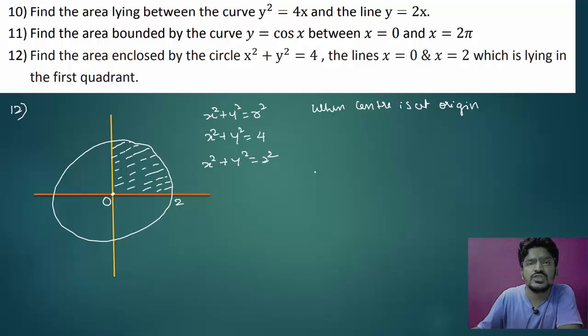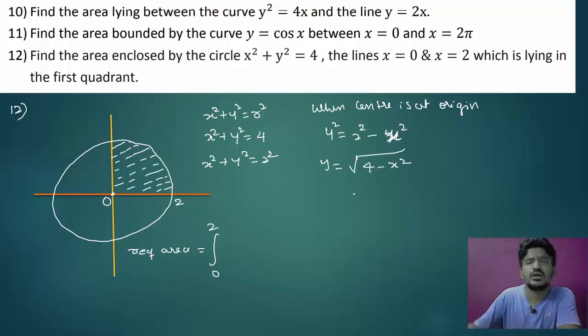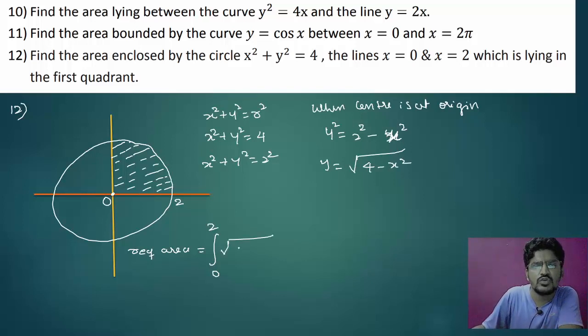Okay, so therefore required area will be equal to, in the first quadrant, no problem, 0 to 2, and you just see y square is going to be equal to 2 square minus x square. That is nothing but y will be equal to root of 4 minus x square. Okay, that means you have to write here root of 4 minus x square with respect to dx.